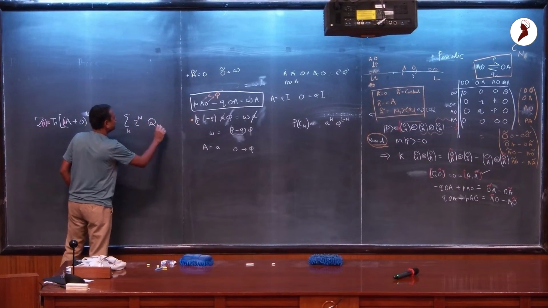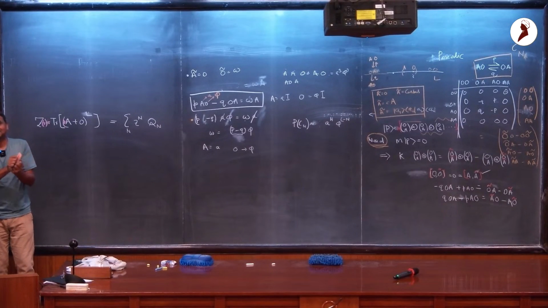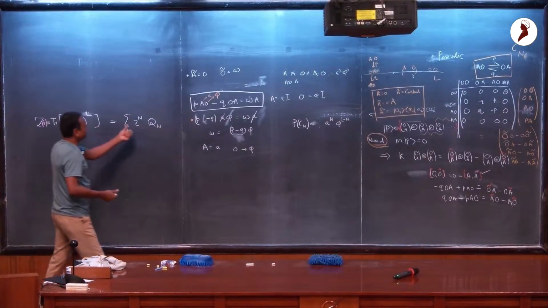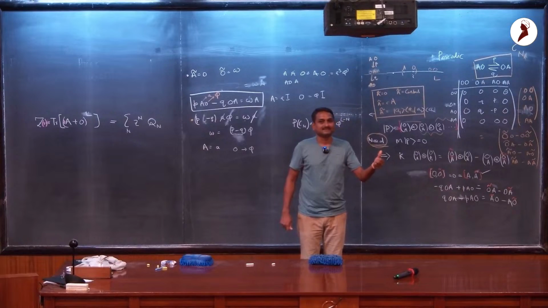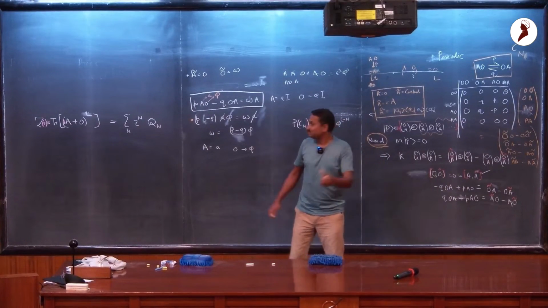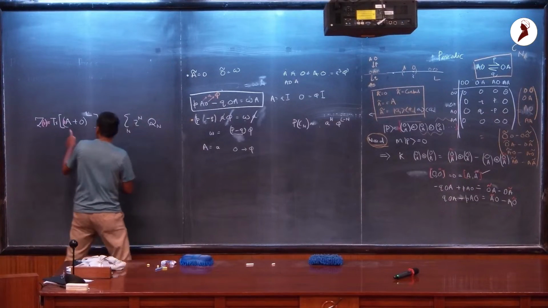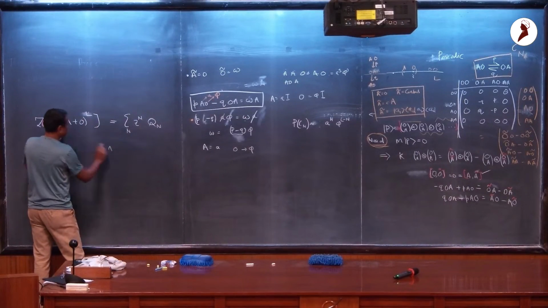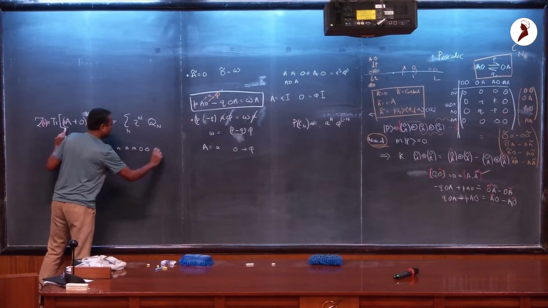Then this can be written as a summation over N of Z to the power N times some coefficient Qn. If you are not accustomed to this method, I can tell you more. How many people know what a fugacity or a generating function is? Okay, so that is the way to count how many A's there are in the system. So there is a configuration, let us say A like this, and O like this.